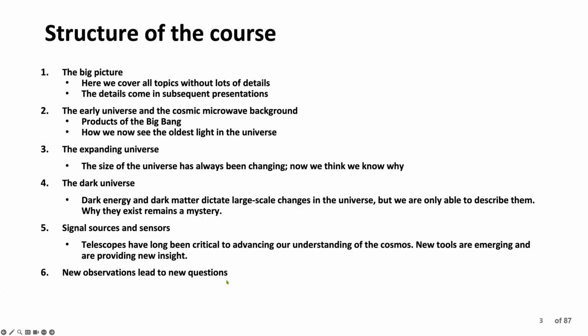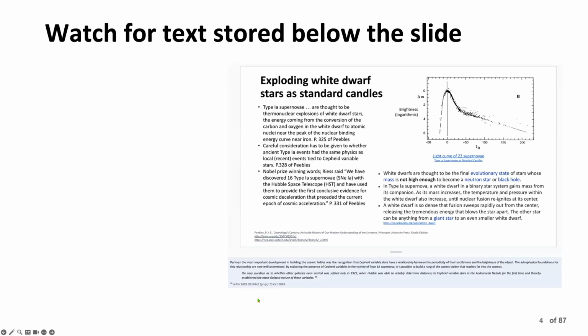And then the last lecture is about new observations, primarily from the James Webb Space Telescope, which has given us lots of new insight, but has created lots of new questions. So that's the structure of the course.